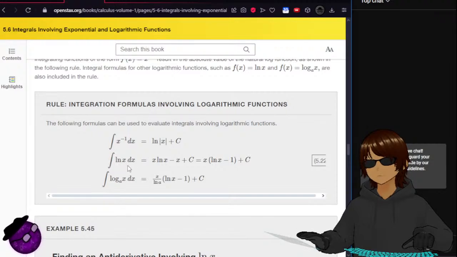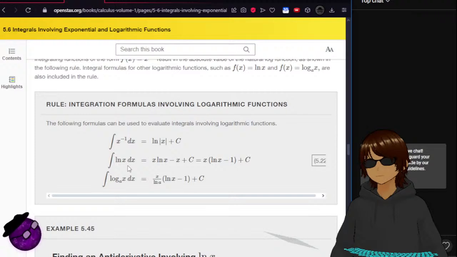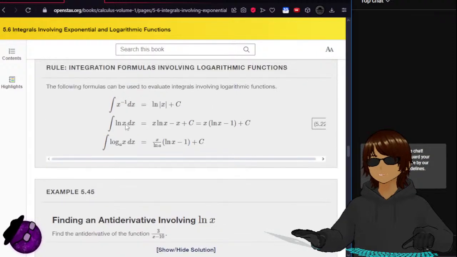Let me think. I don't know. I'll just memorize it like this for now.